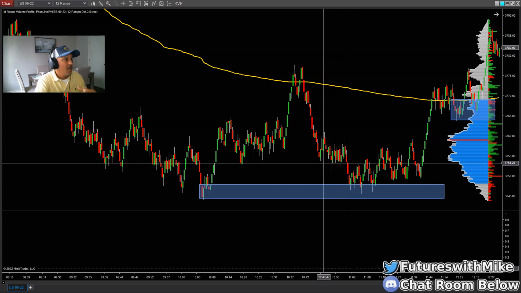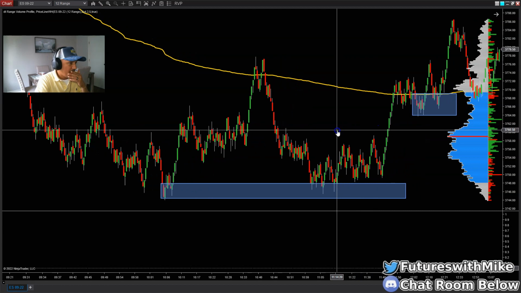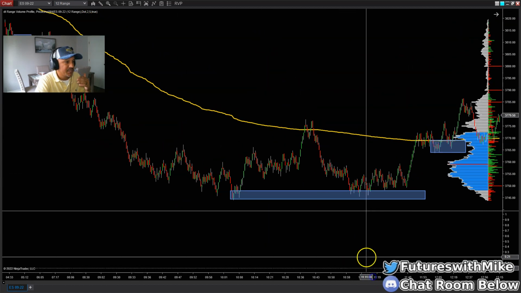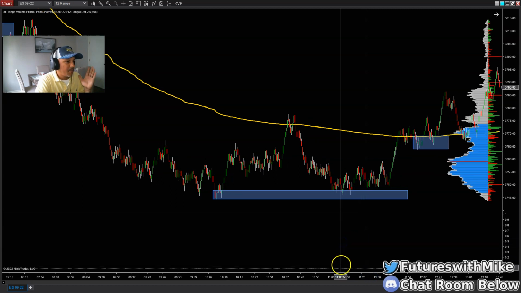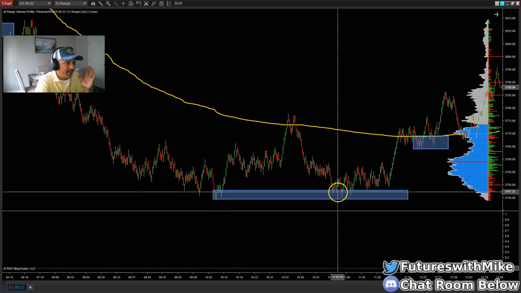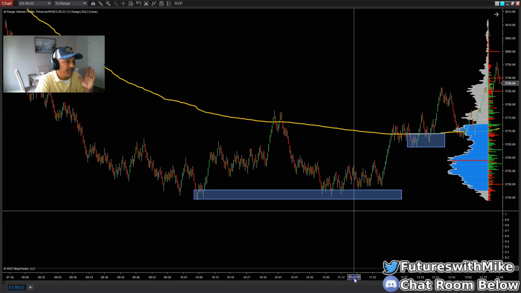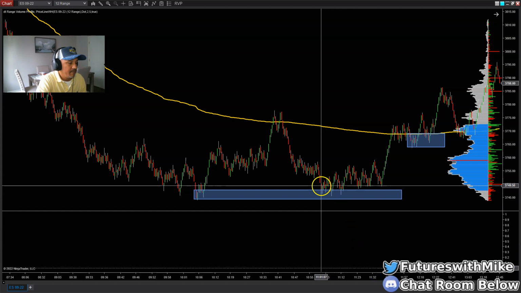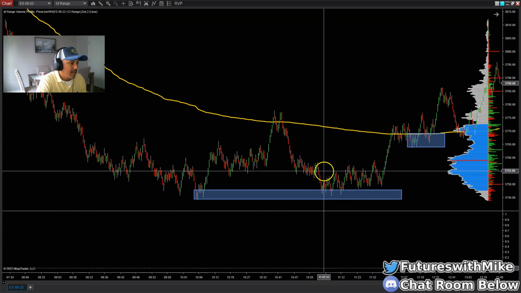Now, because this could be a big swing or move to the upside, you can allow price to run with your second contract if you're looking to hold your position. So price closes here, you get into the trade, and you take the first contract out right here.